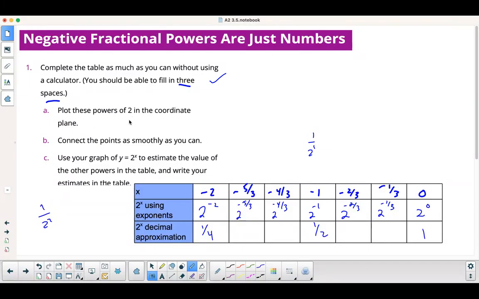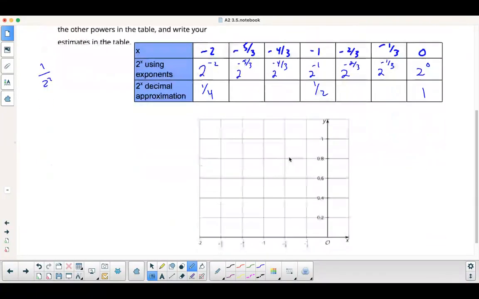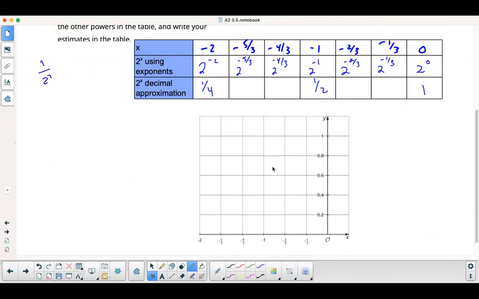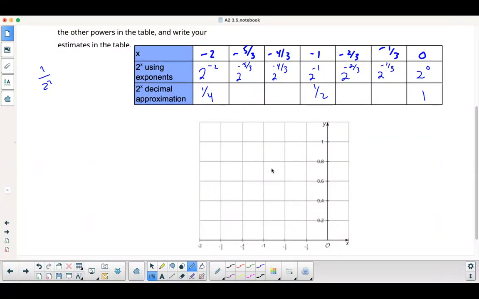Plot these powers of 2 on the coordinate plane. Connect as smoothly as you can. Then use a graph to estimate the other ones. Okay. So plot these points here. So if x is -2, think of this column as y.